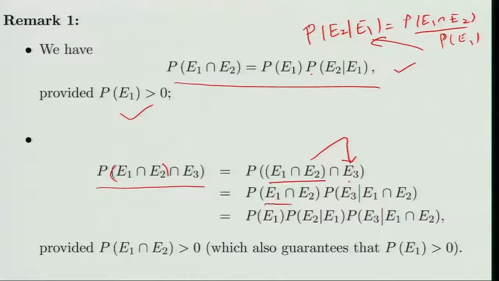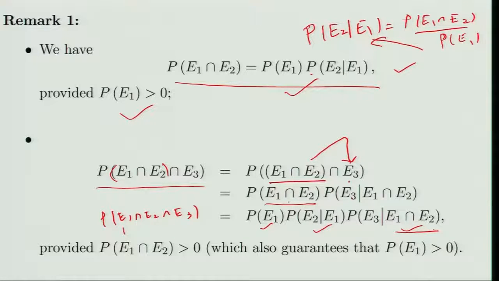Now these are again two events, so I apply this formula again. So this is the same as probability of first multiplied by the probability of second given first, and this was anyway over there. So probability of E1 intersection E2 intersection E3 turns out to be probability of the first multiplied by the probability of the second given the first multiplied by probability of the third given the first and second.